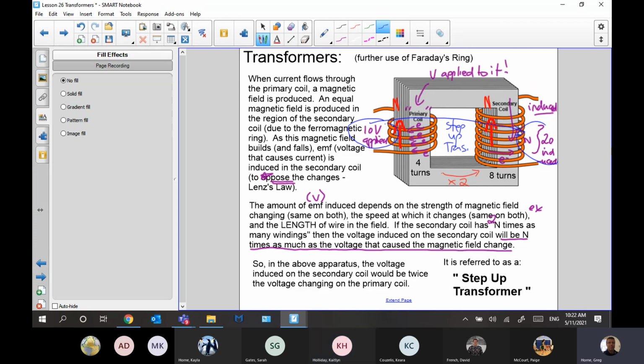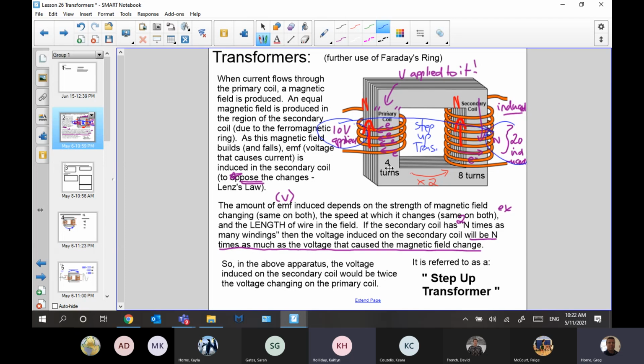So the voltage is only induced on the secondary coil when it's changing. Just like Lenz's law, while the north is building, it's going to make a north to oppose it, and then as that north is fading away, it's going to make a north the other way to try and fight that change. So it's only when it's changing.